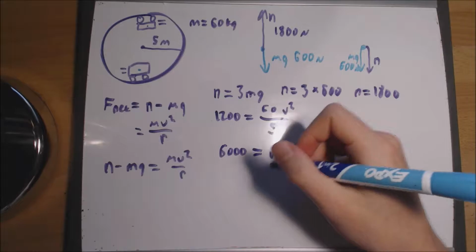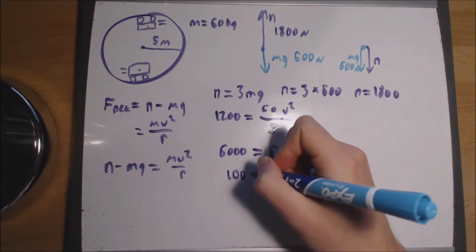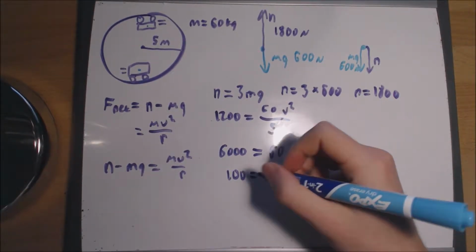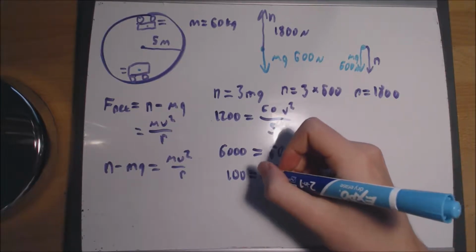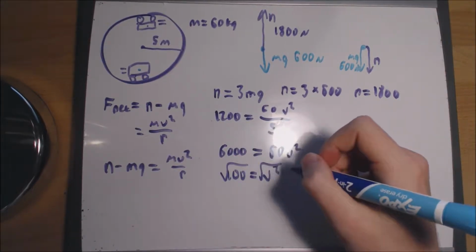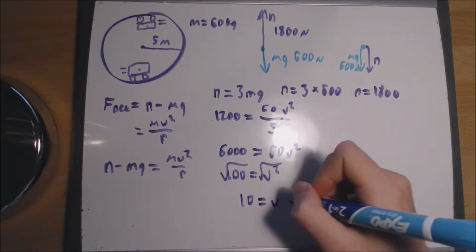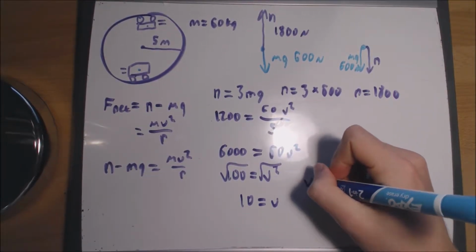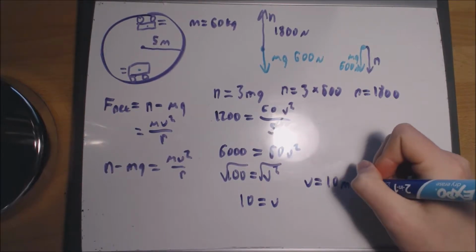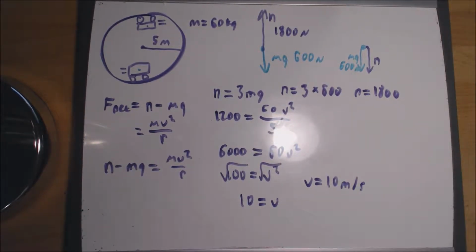So 6,000 divided by 60 is 100 equals v squared, and the square root of v squared is going to be 10. So 10 is equal to v. So our velocity is 10 meters per second.